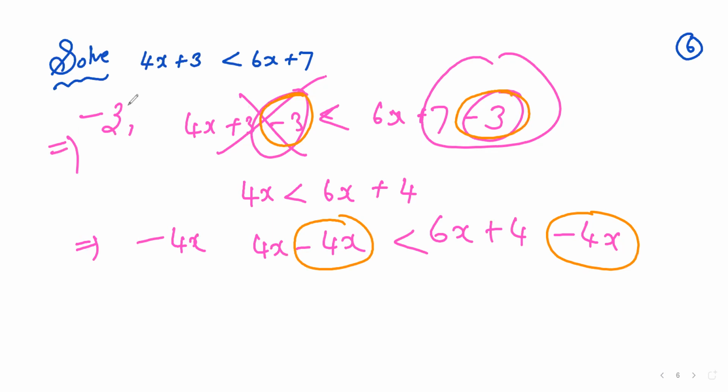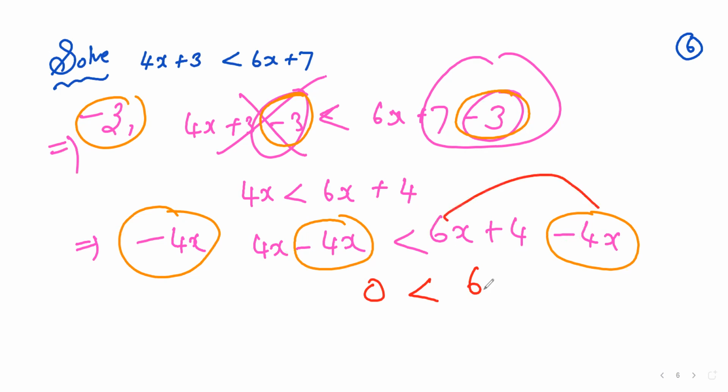This side became 0. And these two, 6x minus 4x, how much will you get? Just 2x plus 4, right? 2x plus 4.